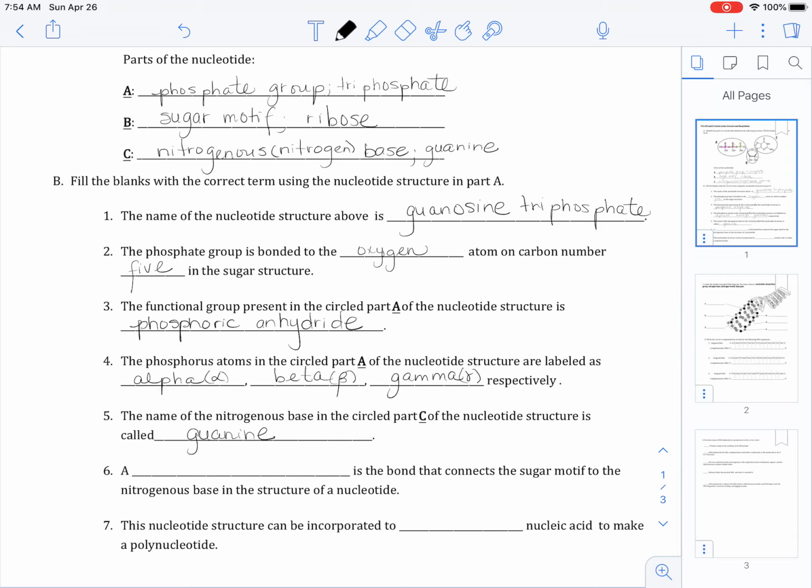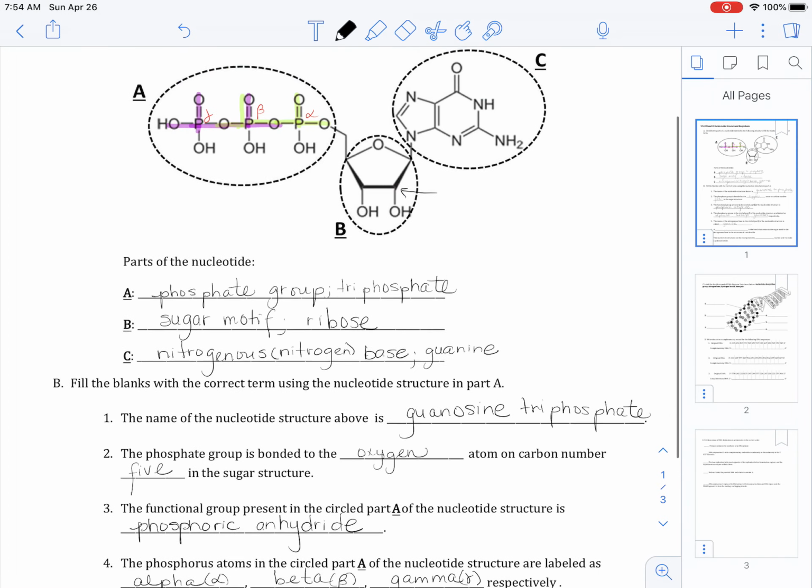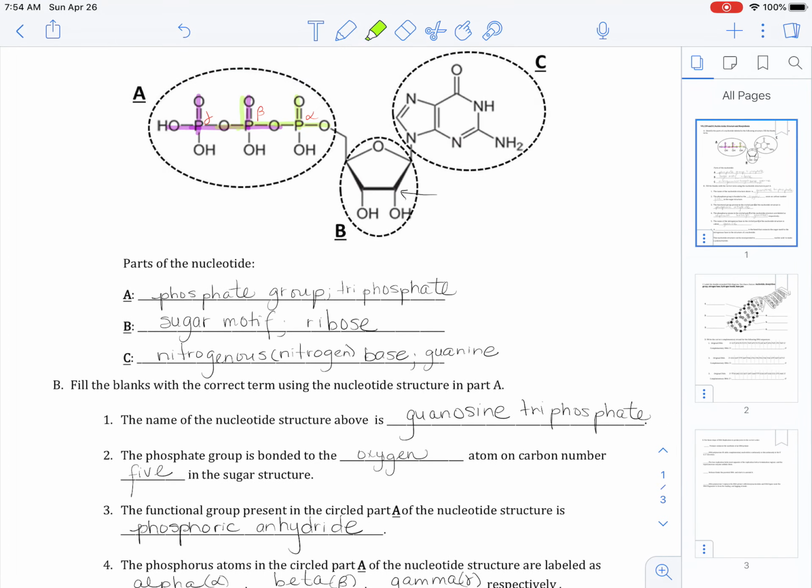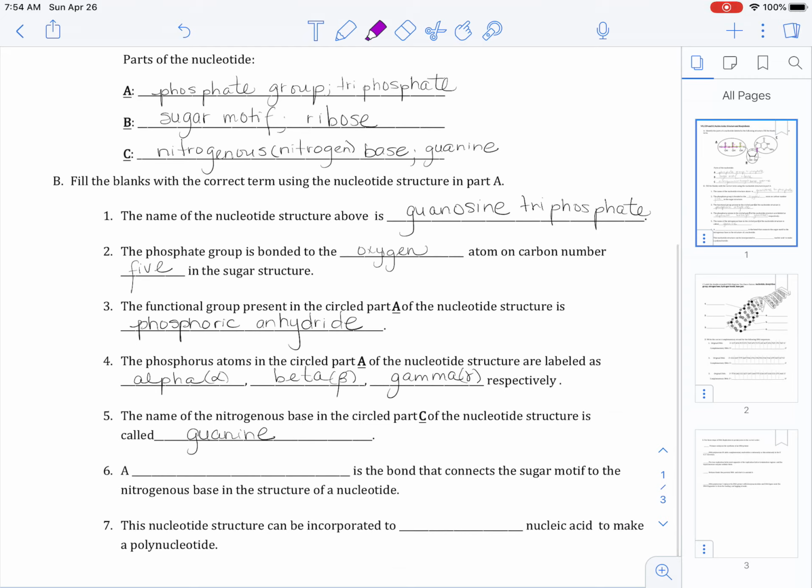A blank is the bond that connects the sugar motif to the nitrogenous base. And that is this bond right here. That is called a beta N glycosidic bond.